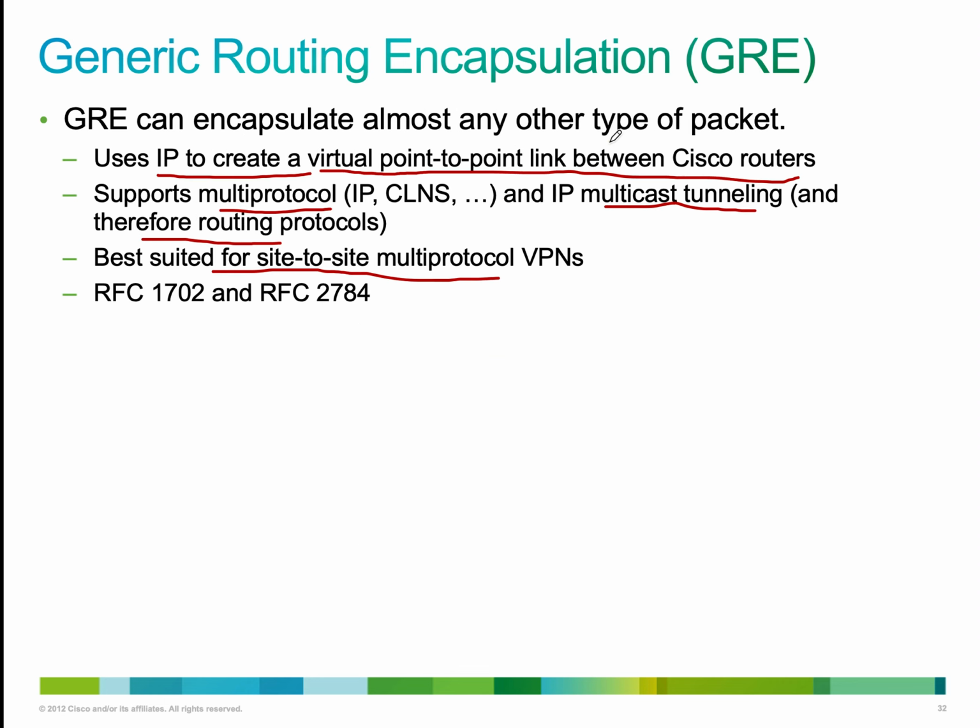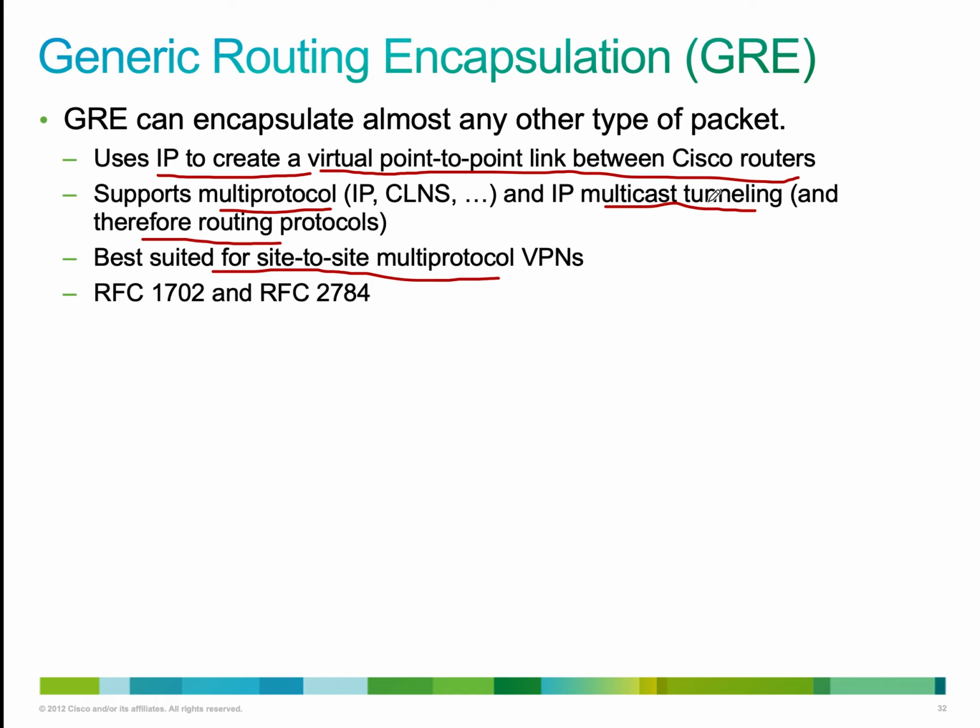Okay? Now, generic routing encapsulation, GRE. GRE can encapsulate almost any other type of packet. It uses IP to create a virtual point-to-point link between Cisco routers, and it supports multiple protocols: IP, CLNS, and IP multicast tunneling, and therefore routing protocols.